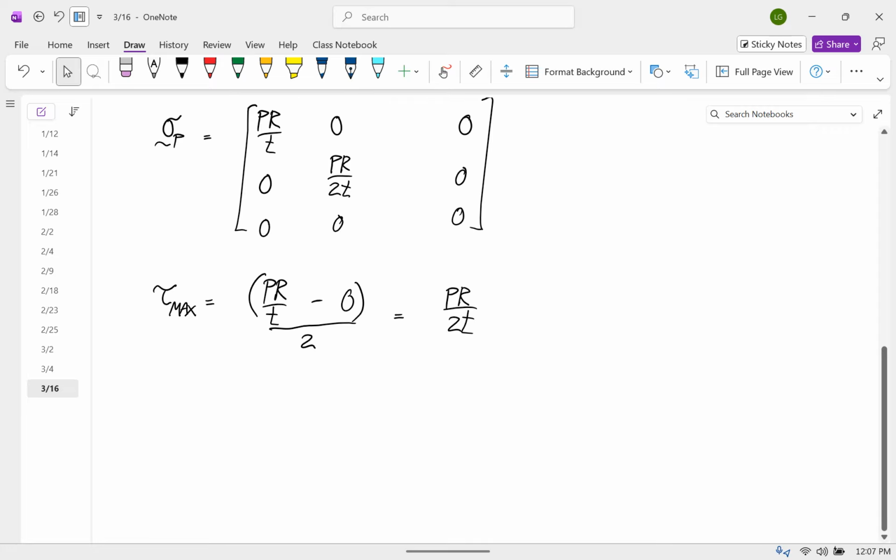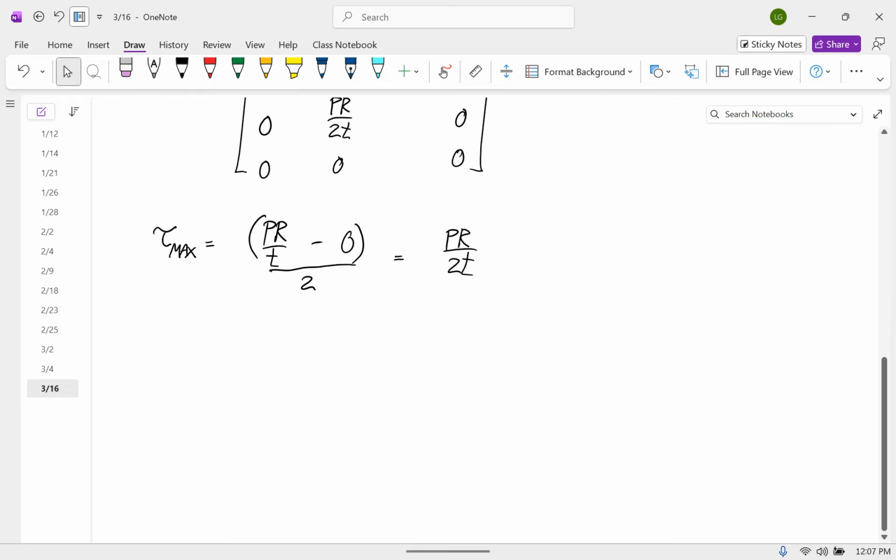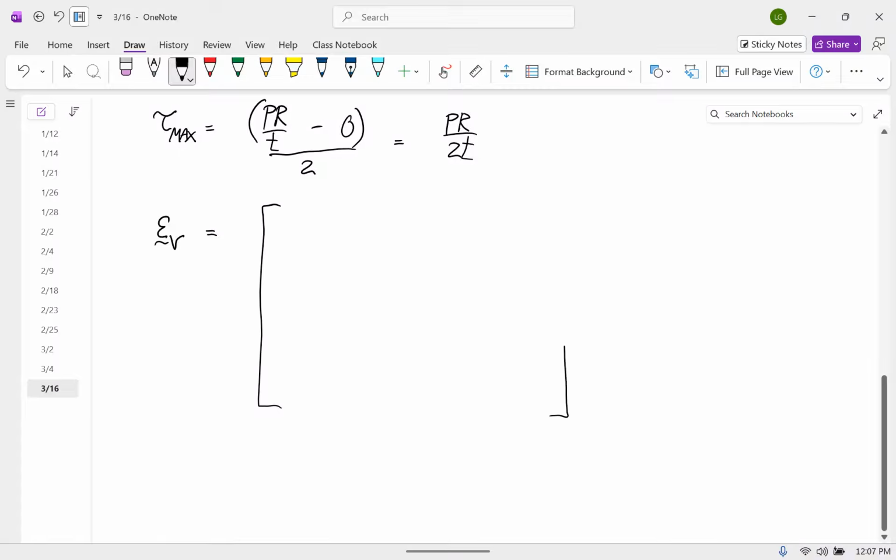Now, the Voigt strain is equal to this big compliance matrix times, I'll just write this as dot, dot, dot, but somewhere in here, there is a shear stress that's equal to PR over 2T.